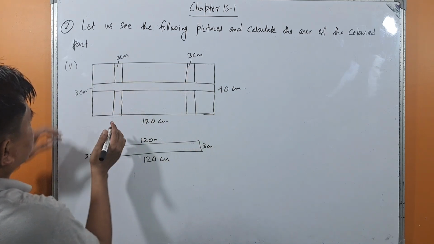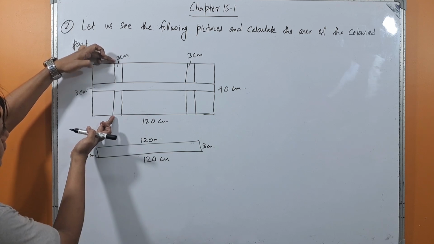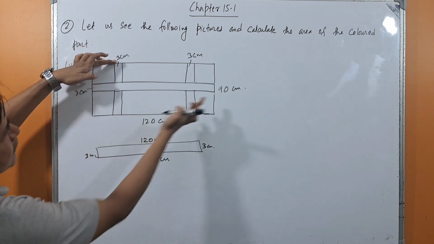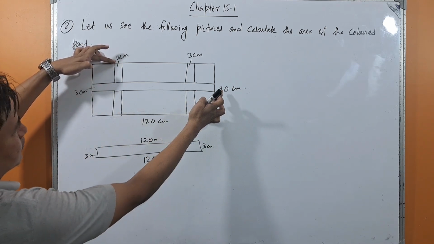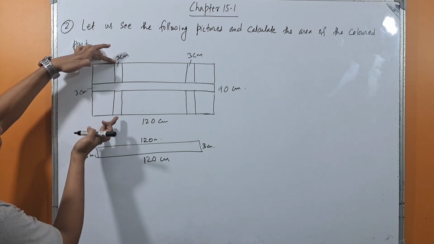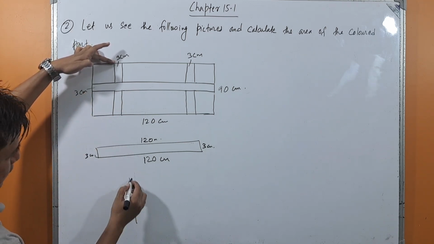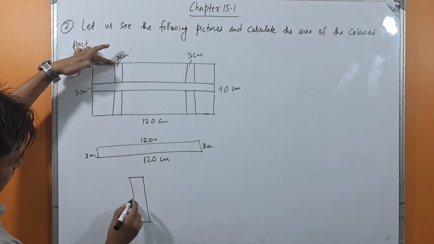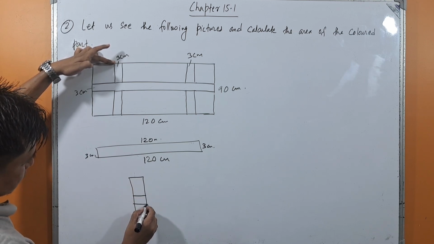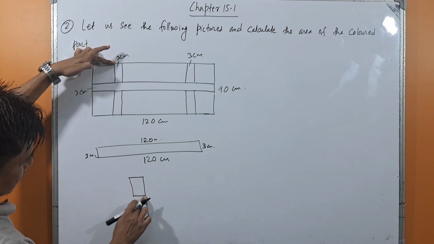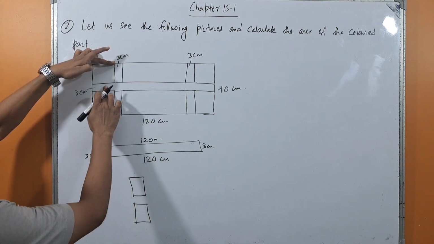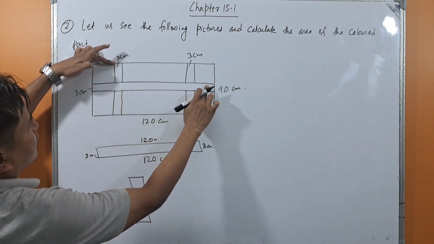Total length of this rectangle was actually 90 centimeter, because this 90 is this 90, so the length is 90. We can see the small rectangle here, but we have to subtract 3 centimeter from the middle, because this 3 centimeter has already been calculated while finding the area of this long rectangle.